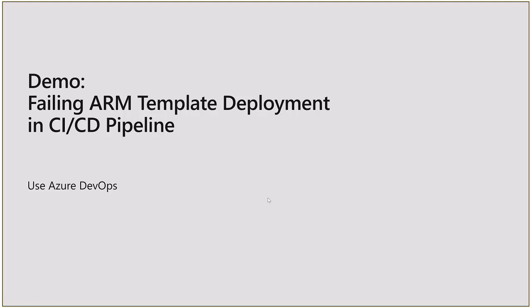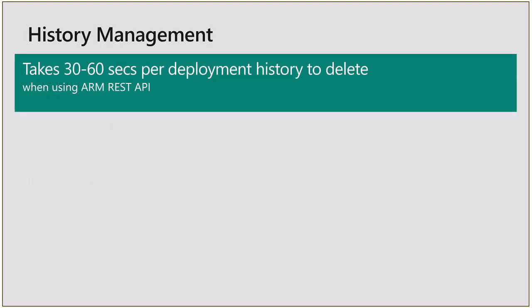So how can we manage those deployment histories? We can use the ARM REST API, and each deployment history takes about 30 to 60 seconds to delete. It takes a very long time.